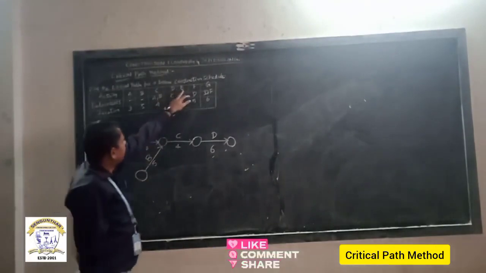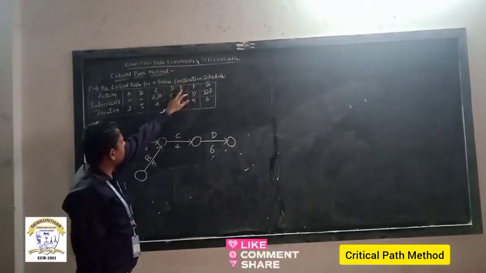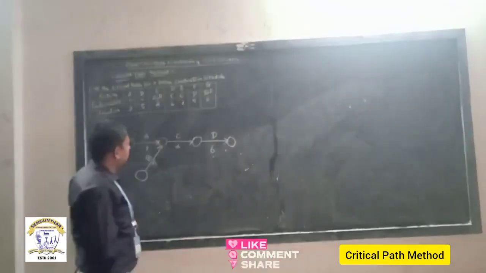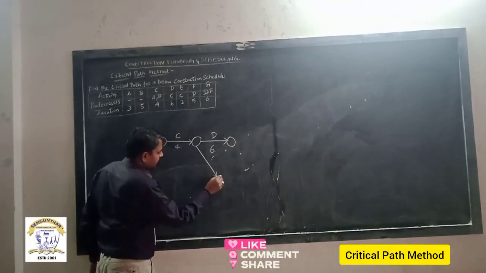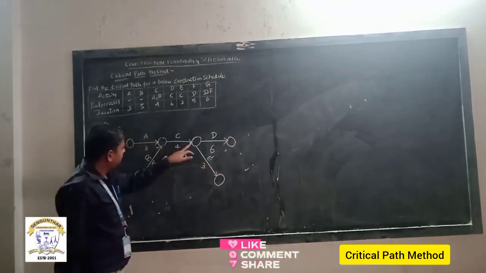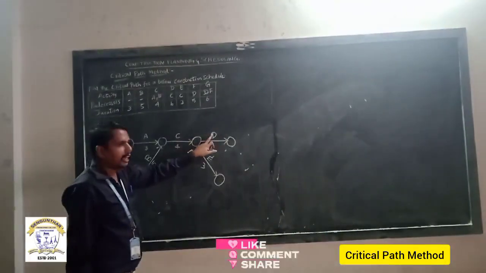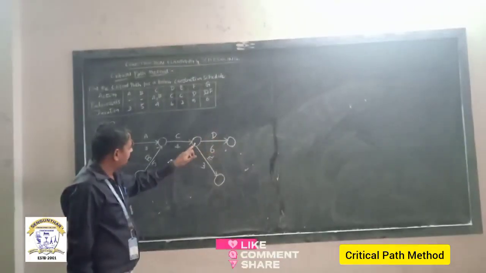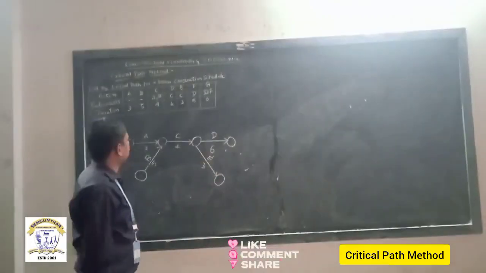The next activity is E. Activity E starts after completing activity C. So after completing C, another activity will be started simultaneously. That activity is E, and its duration is 3. That means after completing C, activity D is initiated, and at the same time activity E is also initiated. Right.